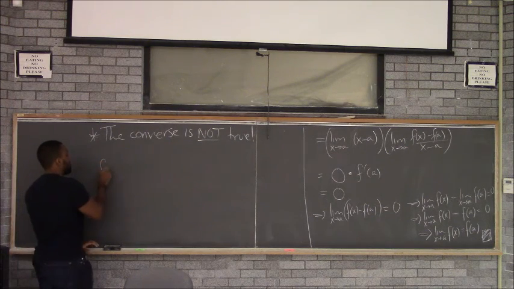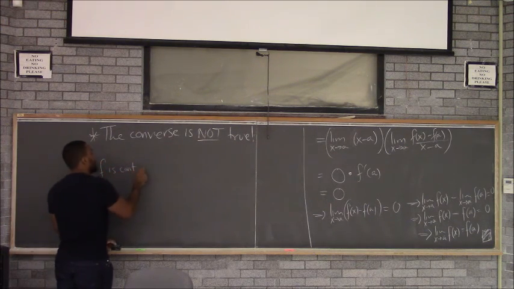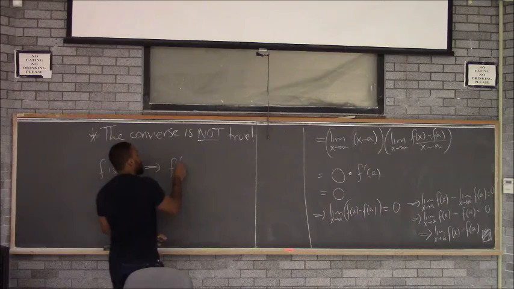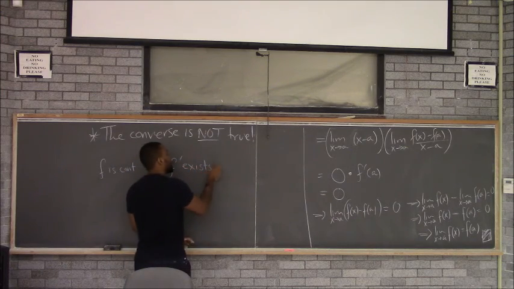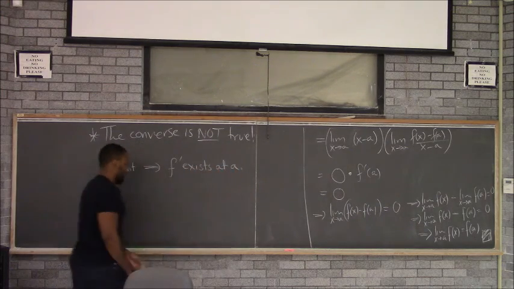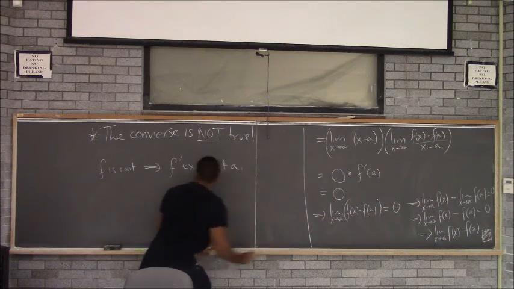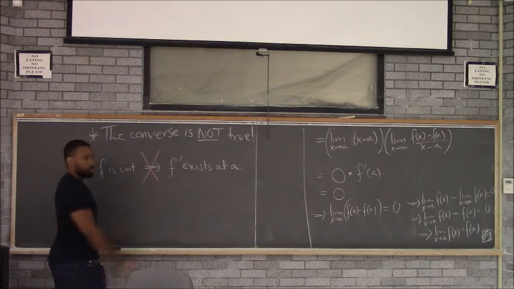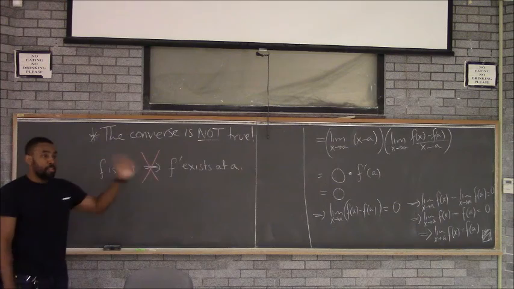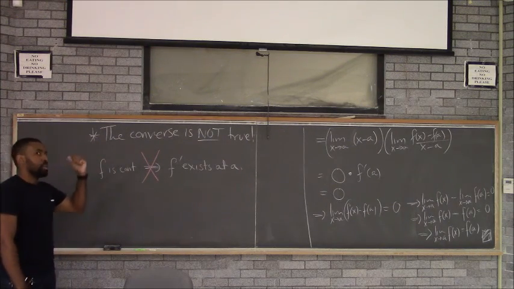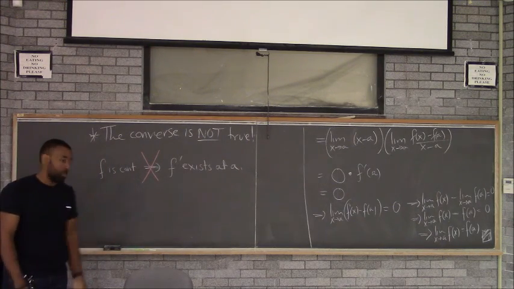Meaning, if f is continuous at a, does it mean that f prime exists at a? And the answer is no. This is not true. Okay? If f prime exists, it's continuous. But if it's continuous, it does not mean that f prime exists.